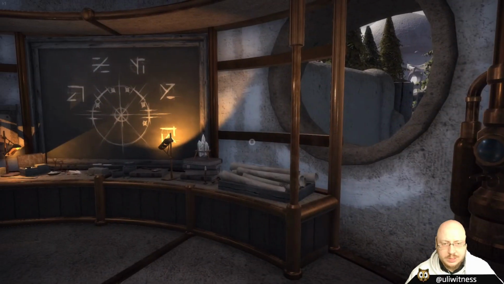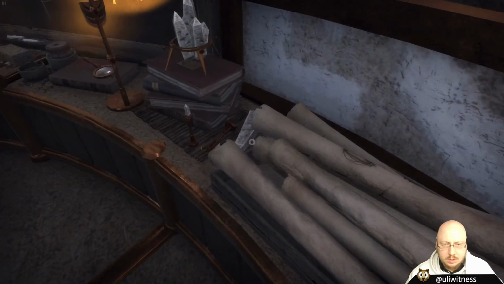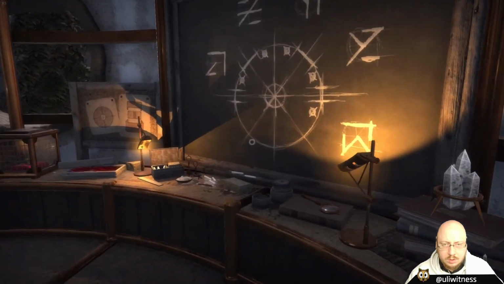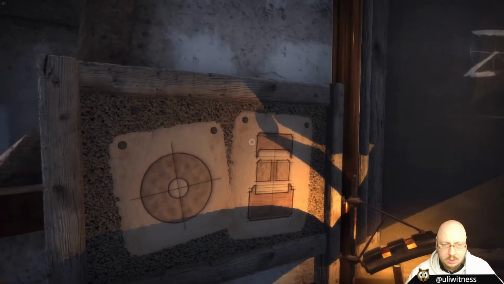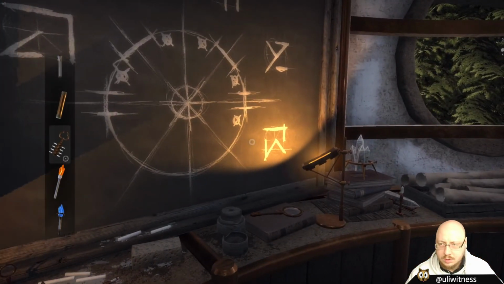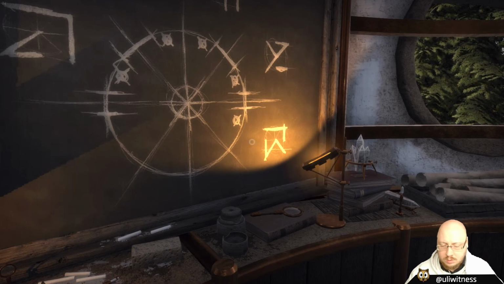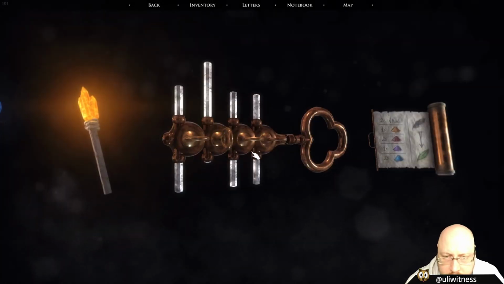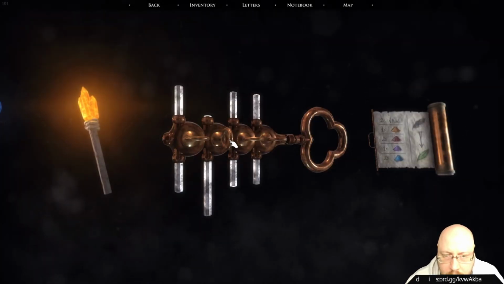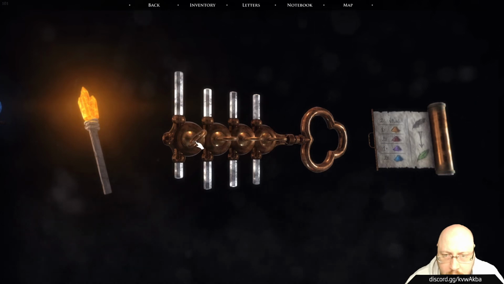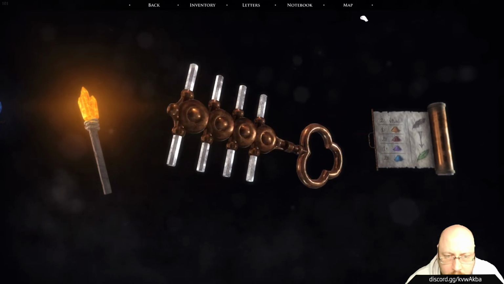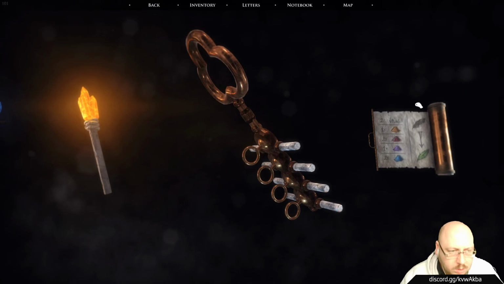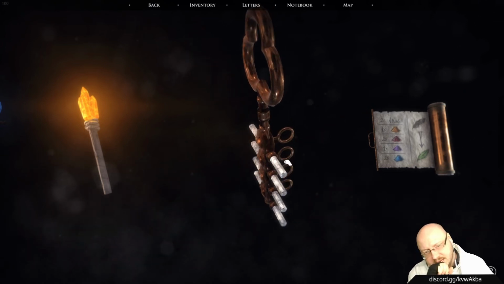Can we still rotate it? I don't think so. I think that was already off at the top. Let's see. Oh. So we can have different lengths there.